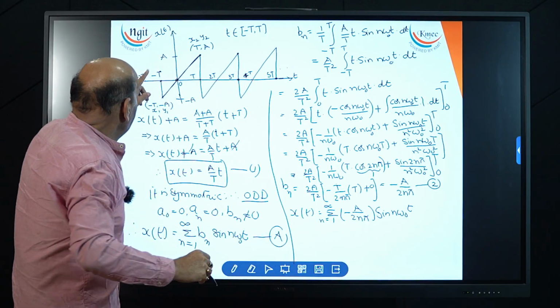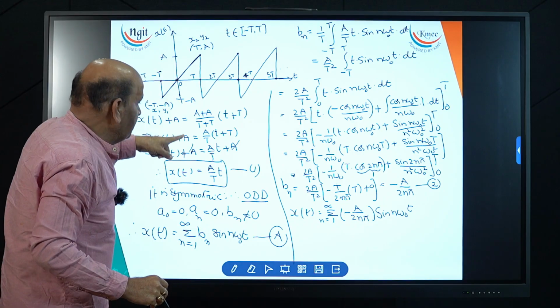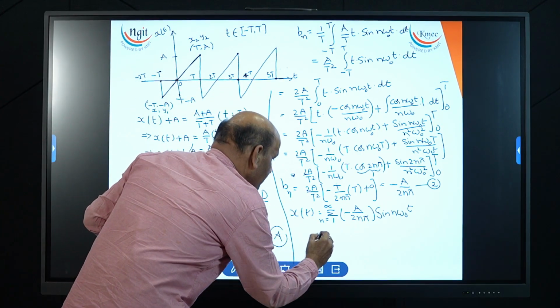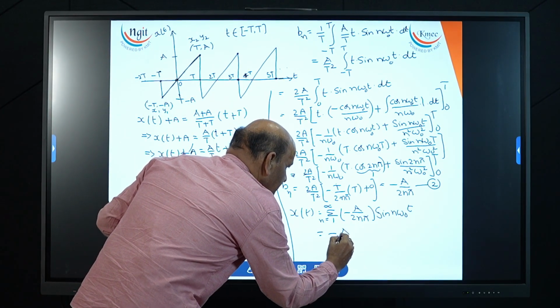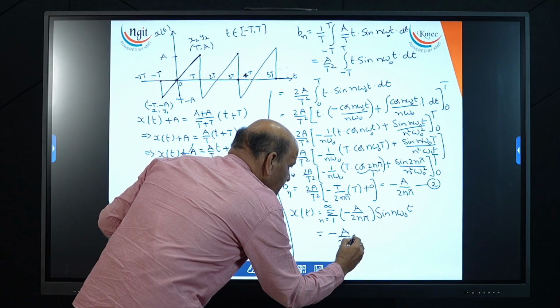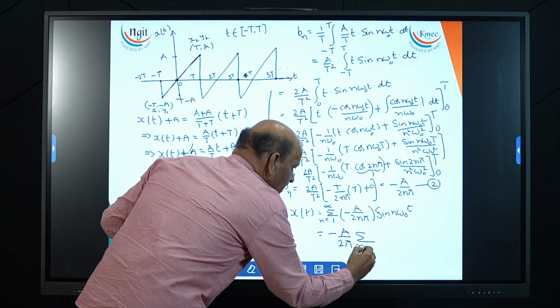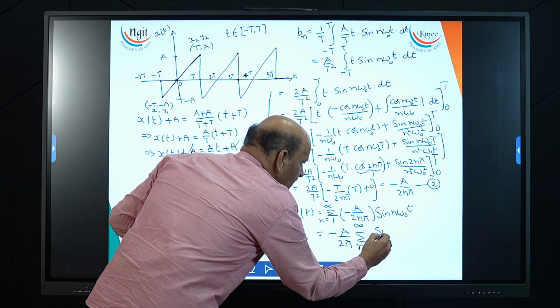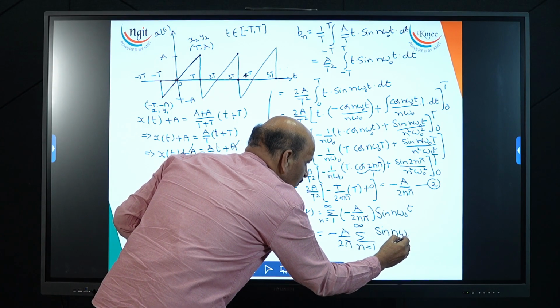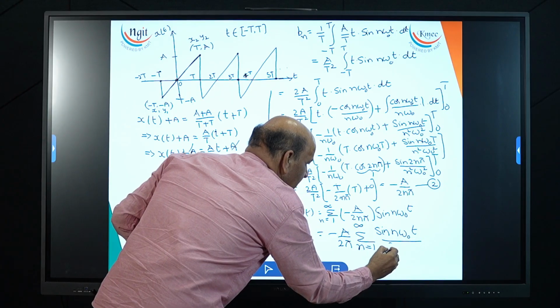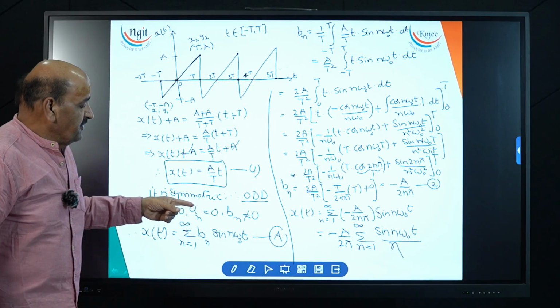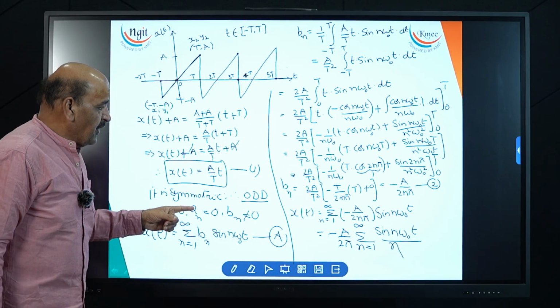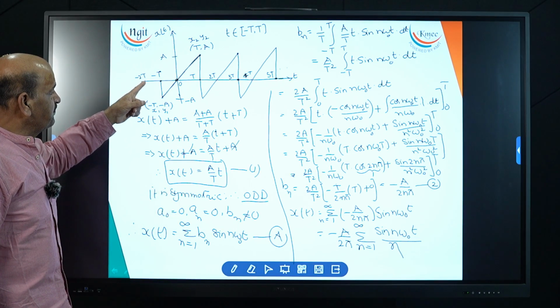Now here, because of symmetricity, it is odd, so no a naught, no a n. So this is equal to minus a by 2 pi into summation n equal to 1 to infinity of sine n omega naught t by n. This is the output of this signal.